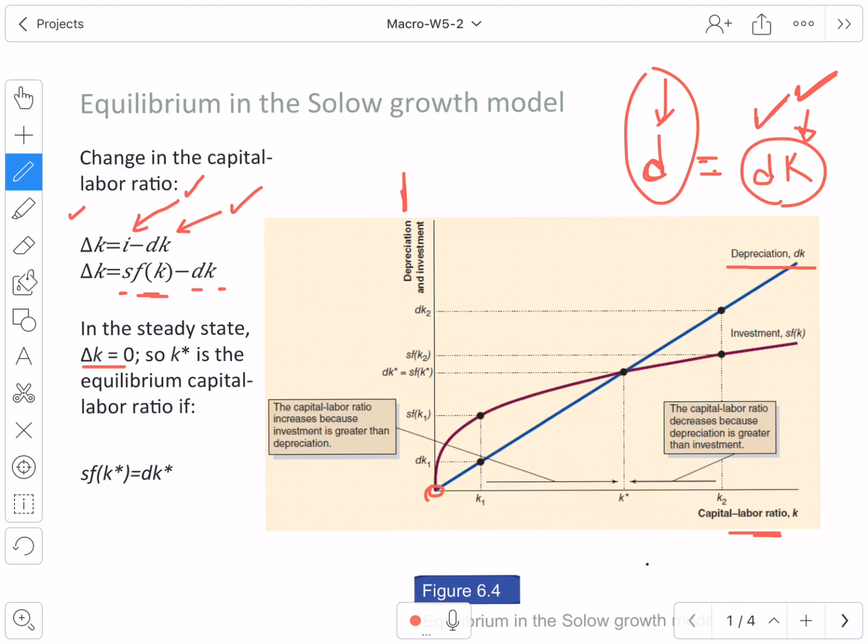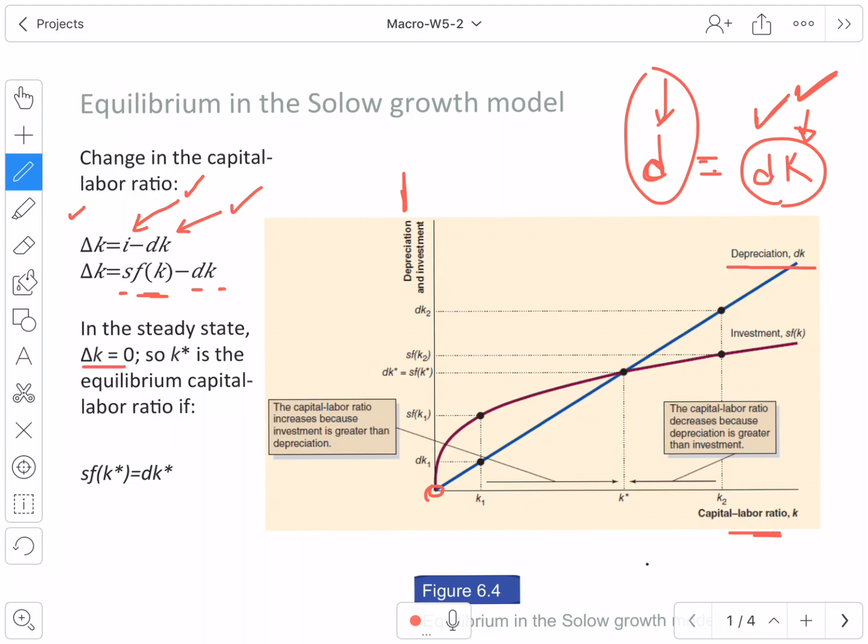And as we said on the slides or in the textbook, this investment function increases at a decreasing rate. So we have diminishing marginal return represented by the slope of this investment function. It's actually all the time increasing, but it's increasing at a decreasing rate. So whatever you're adding is increasing investment, yes, but at a smaller and smaller rate.